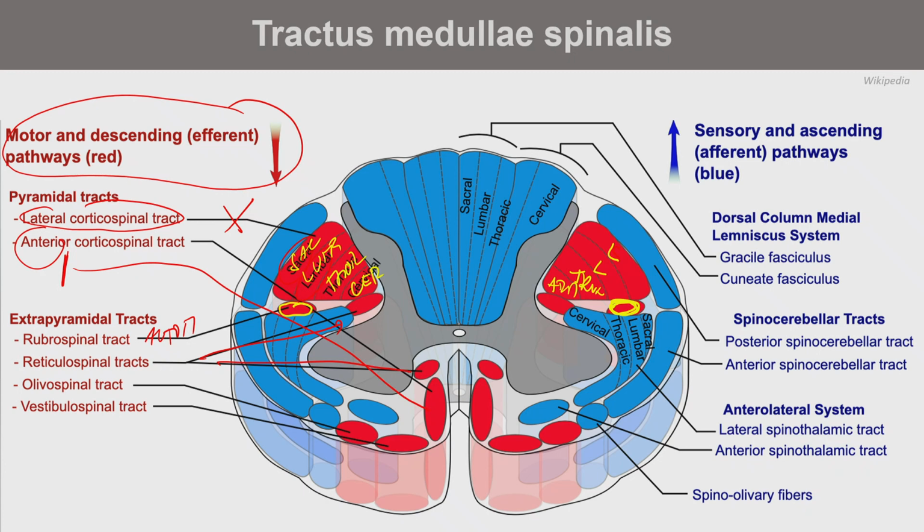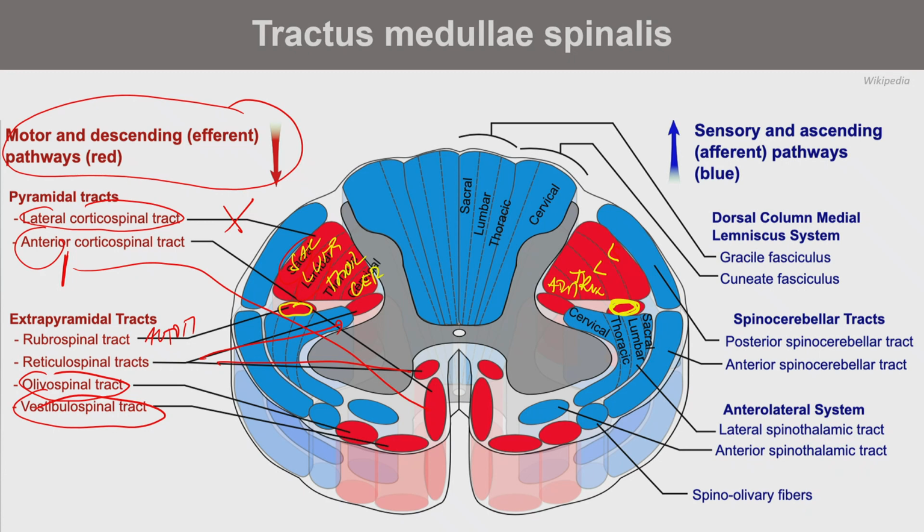And then we have two others, olivospinal and vestibulospinal tract. The olivospinal is from the olivary nucleus, the vestibulospinal is from the vestibular system and vestibulocerebellum, so this is the tract descending downstream.